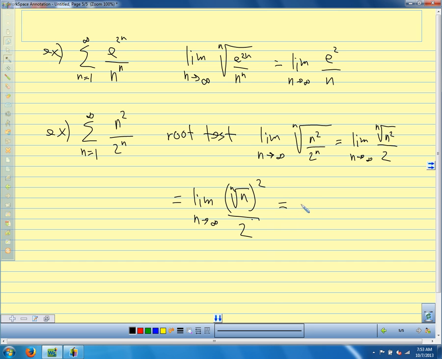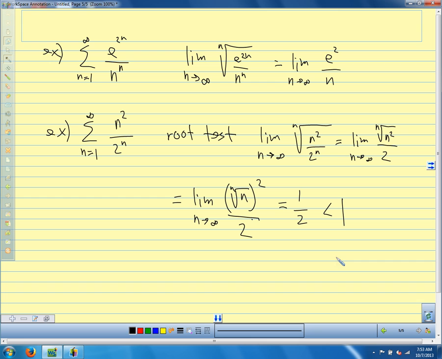And what's the limit as n approaches infinity of nth root of n? We talked about that. This is a common one. Do we remember? 1. So this is 1/2. This limit's 1/2, less than 1.